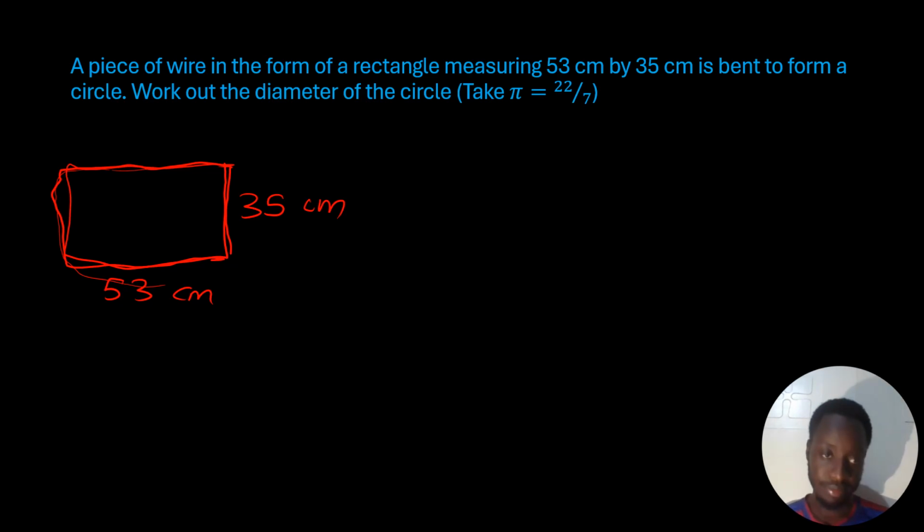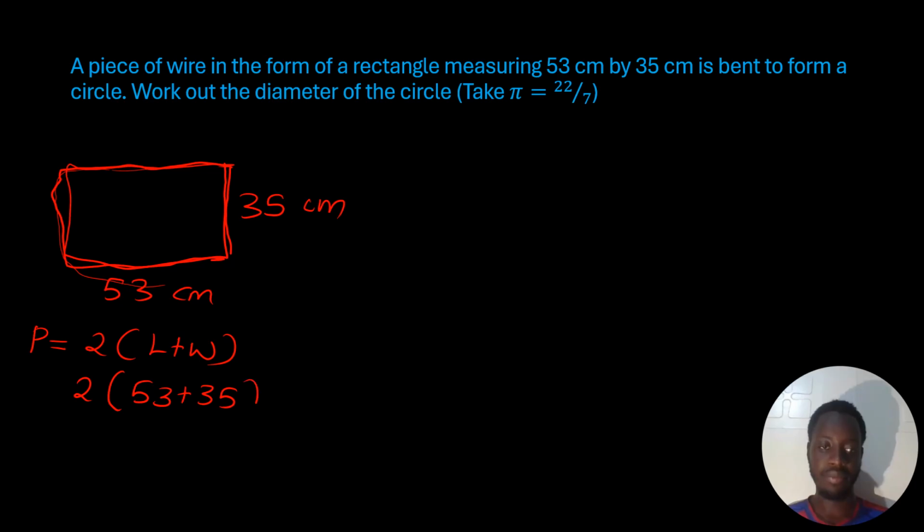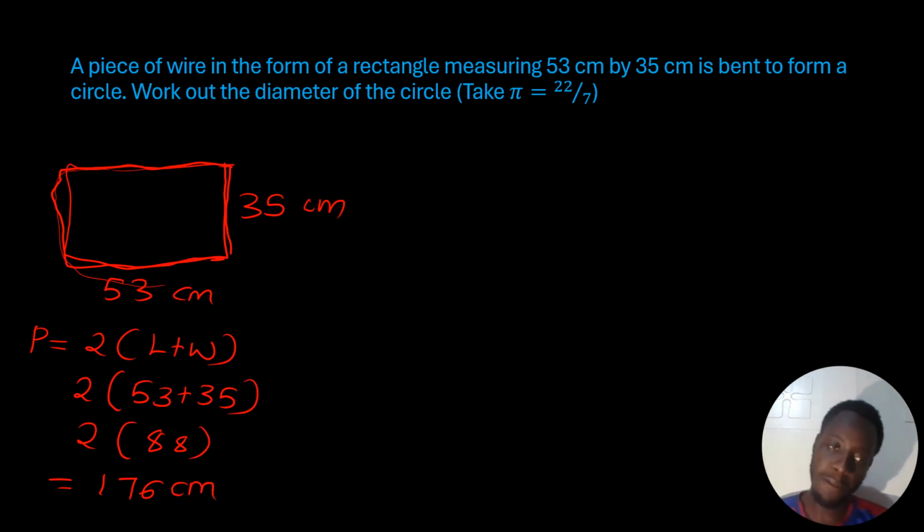So perimeter is equal to 2 into length plus width. You have 2 into 53 plus 35, so 2 into 88. Our perimeter is 176 centimeters.